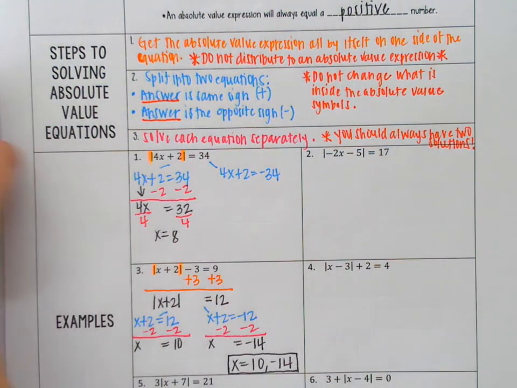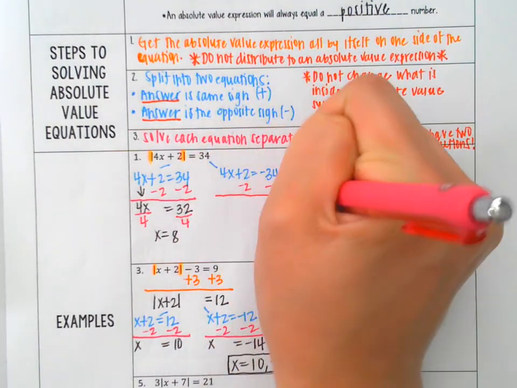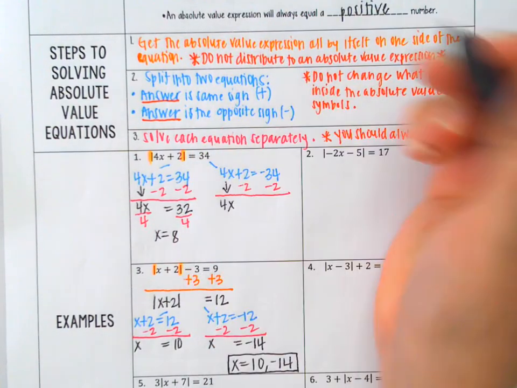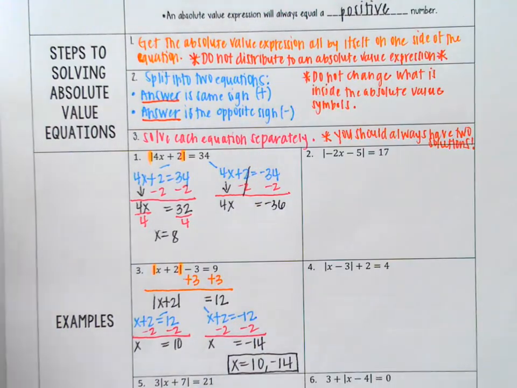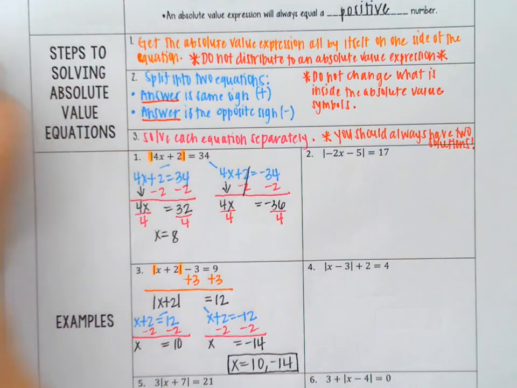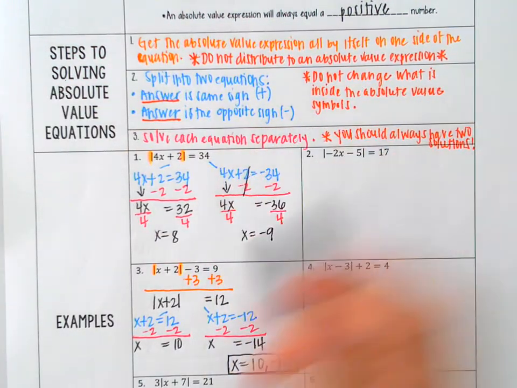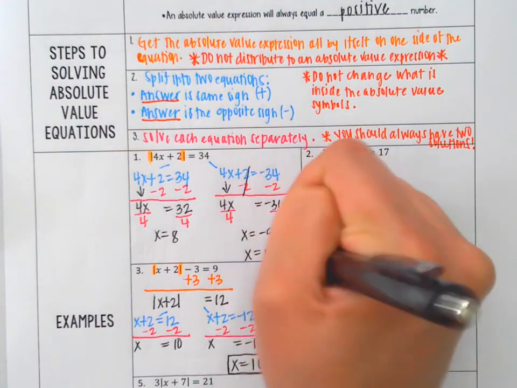Now I move on to my second equation. Subtract 2 from both sides, and I get 4x plus 2 minus 2 is 0 equals negative 36. Divide both sides by 4. Negative 36 divided by 4 gets me negative 9. So I have my two solutions, 8 and negative 9, and that is it.